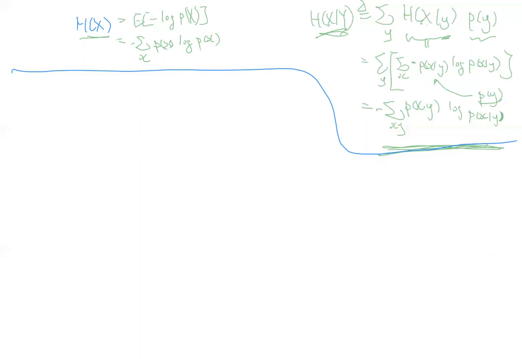Let me state it as a definition: the mutual information of X and Y, I(X;Y), is H(X) minus H(X|Y).